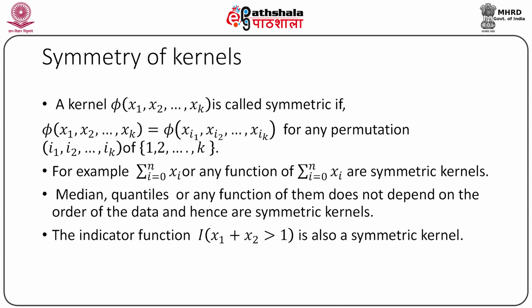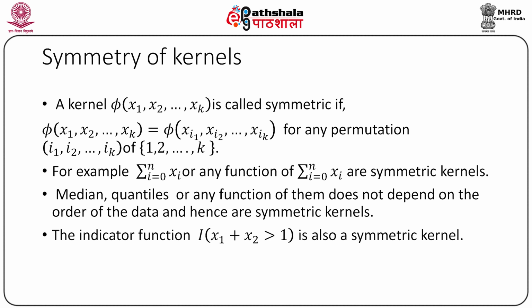Phi with arguments x1, x2, xk is called symmetric if phi x1, x2, xk is the same as phi x I1, x I2, x ik, where I1, I2, ik is a permutation of 1, 2 up to k. Therefore, if phi is invariant to any permutation of its arguments, then phi is known as symmetric.